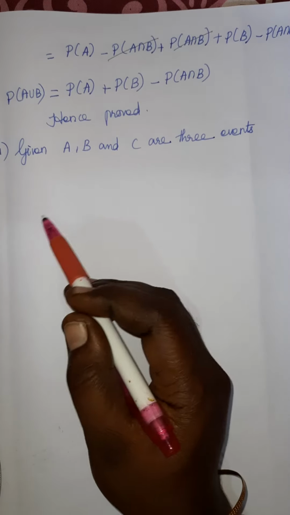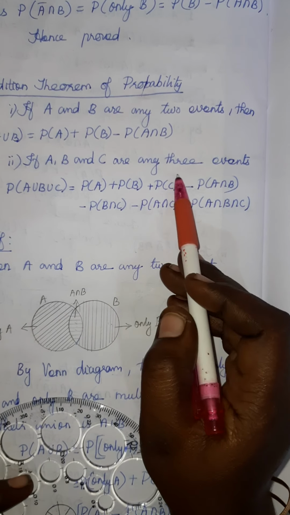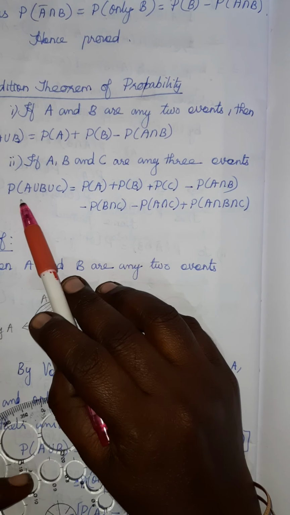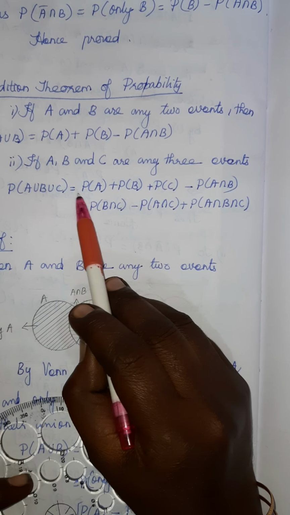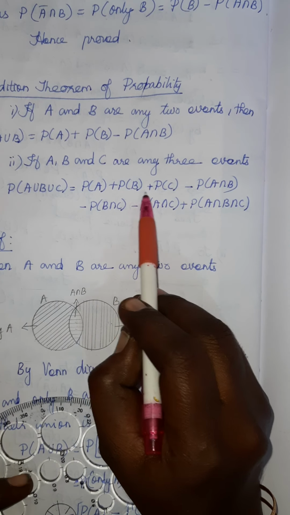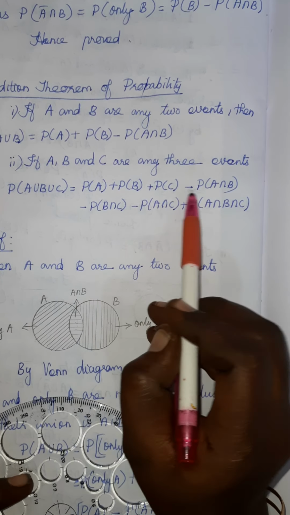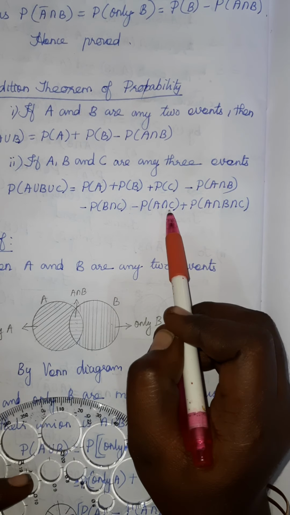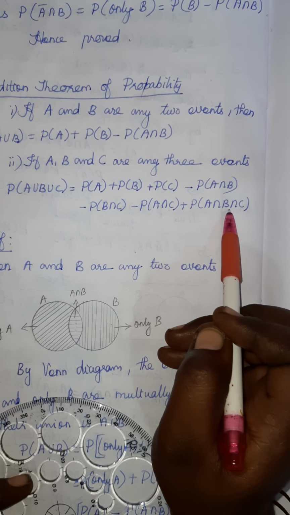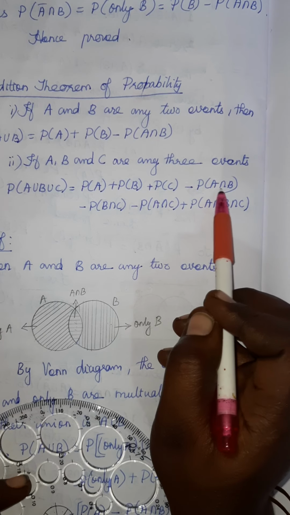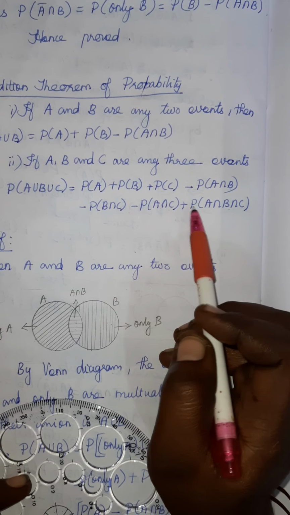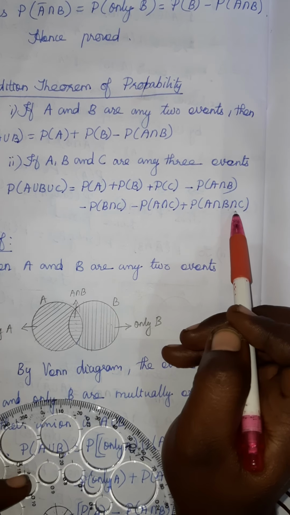In this second question, they have given A, B and C as any three events. Then probability of A union B union C is equal to probability of A plus probability of B plus probability of C, then minus the intersections of two sets separately, then plus the intersection of all the sets.